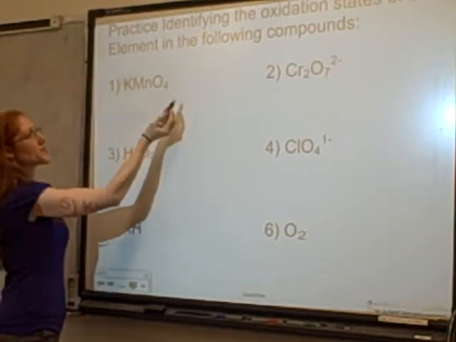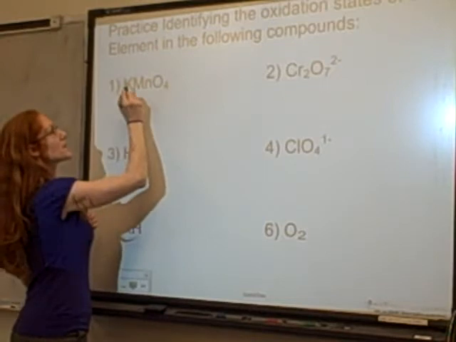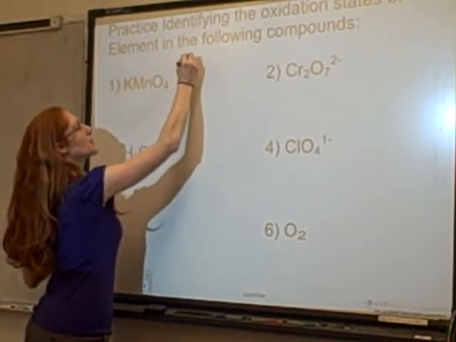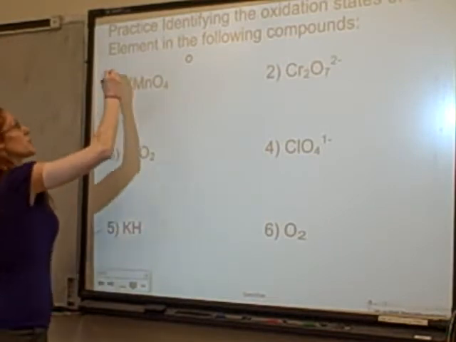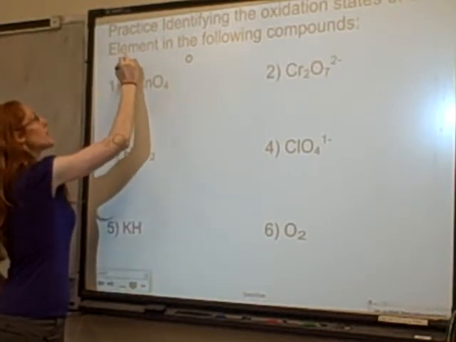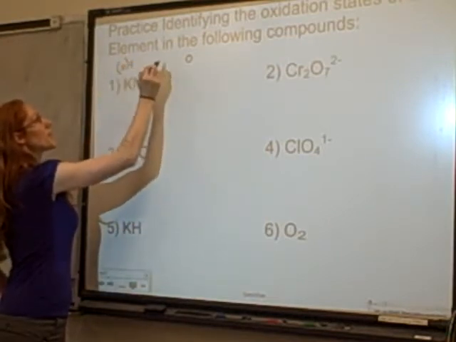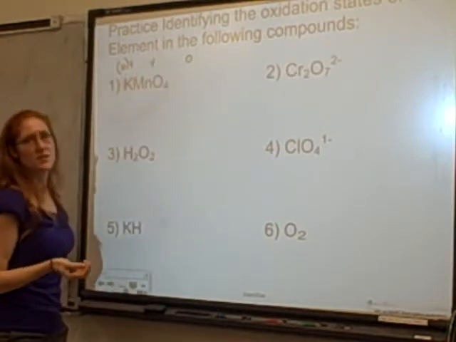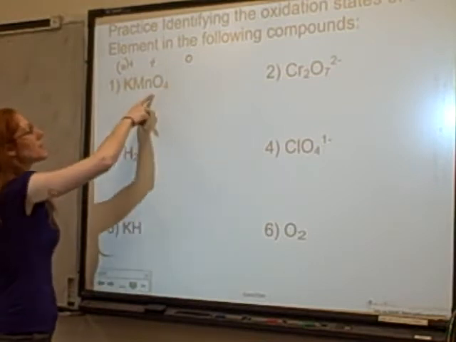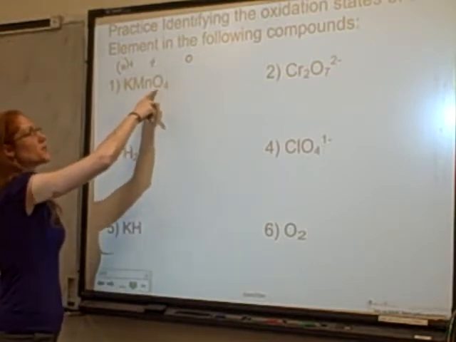This has a charge of 0. There's no charge written, so these charges will add up to 0. Potassium's an alkali metal. That was the first rule. It's going to be a 1+. Then oxygen was the next rule down, and it's always a 2- unless I can't make that work. So I've got -2 for each oxygen.